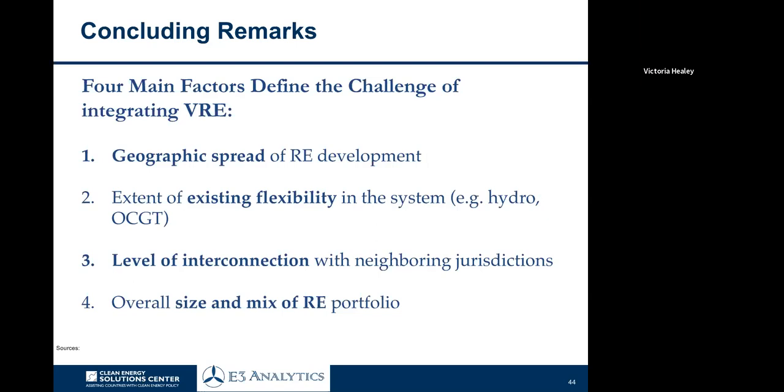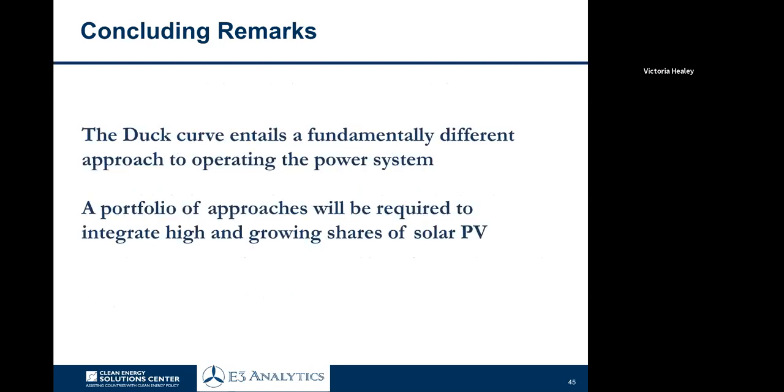And as we saw with the various strategies that we just went over, there are solutions available. There are ways to flatten, address, and deal with the duck curve in a way that we can continue to increase variable renewable energy shares and push forward towards a cleaner and more sustainable power system.